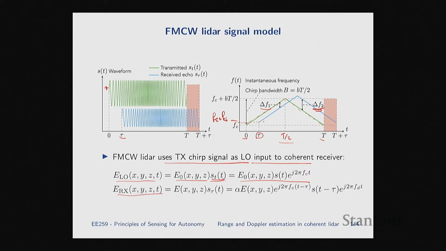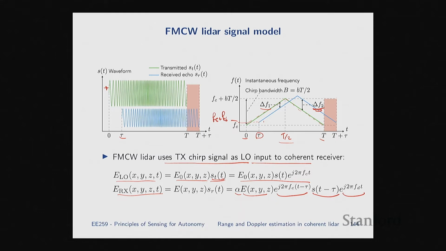And the second input to your coherent receiver is just the received optical field, which is the attenuation factor times the field amplitude times the delayed carrier times the delayed transmitted chirp times the Doppler shift. Every term should make sense in this.